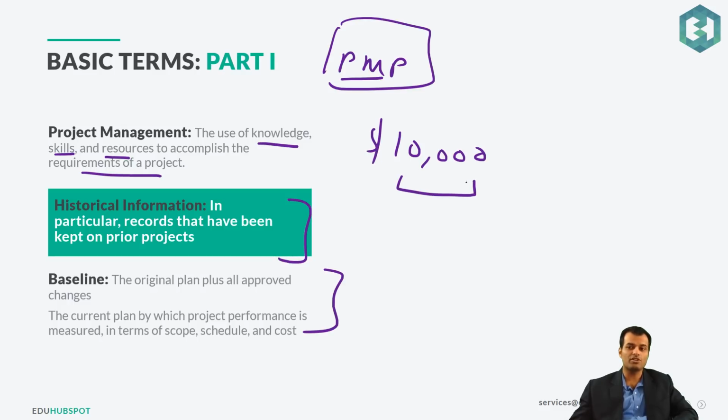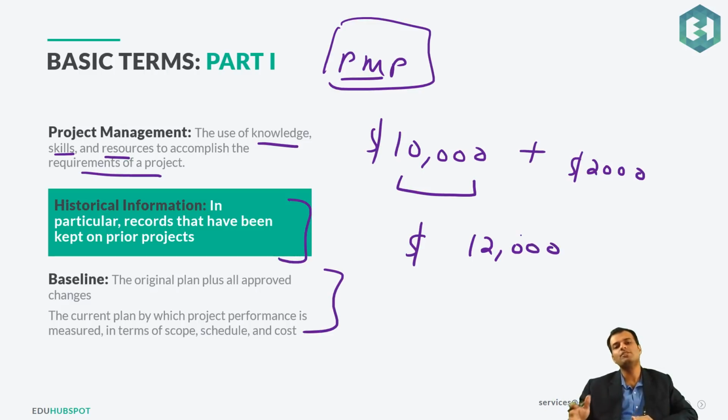That's your original budget. Then after a while, I said, you know what, I need you to develop a new feature, which will cost an additional $2,000. So now your new baseline would be $12,000. So that's baseline: the original plus any approved changes to that. It could be for scope, schedule, or cost.